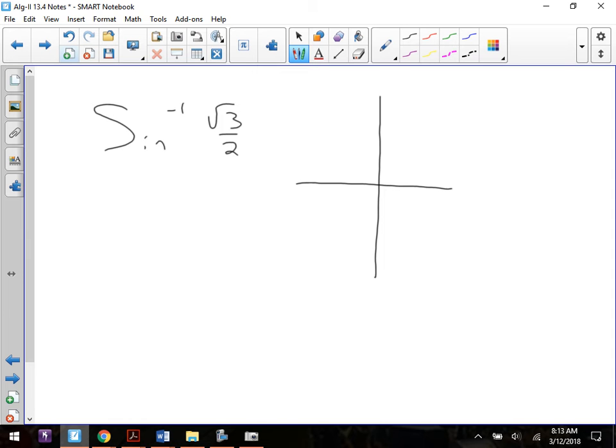When you place theta at the origin, your opposite is the root 3 and your radius is the 2. Which angle has the opposite of root 3? 60. So what angle has a sine of root 3 over 2? 60 degrees. But we don't say 60 degrees, we say pi over 3, because it's radians. We're not using calculators, we use radians.